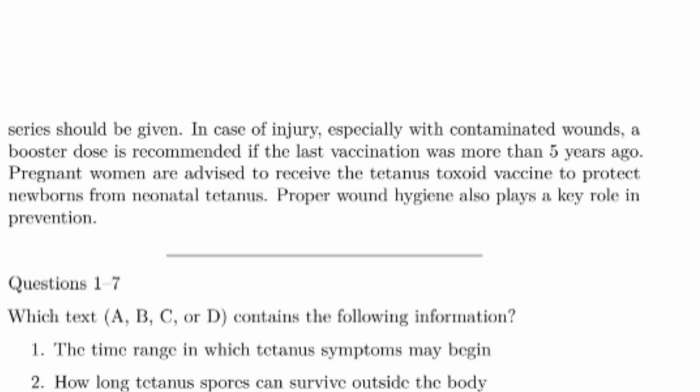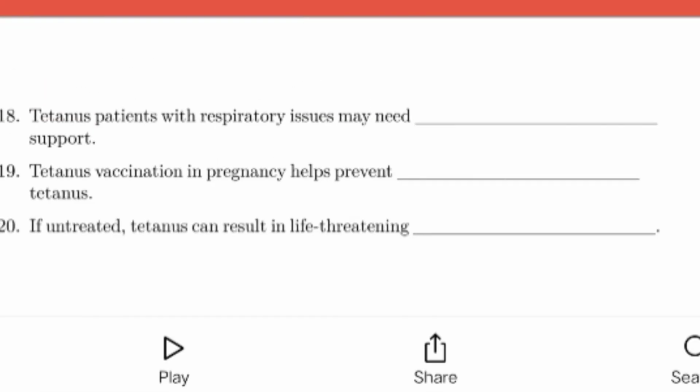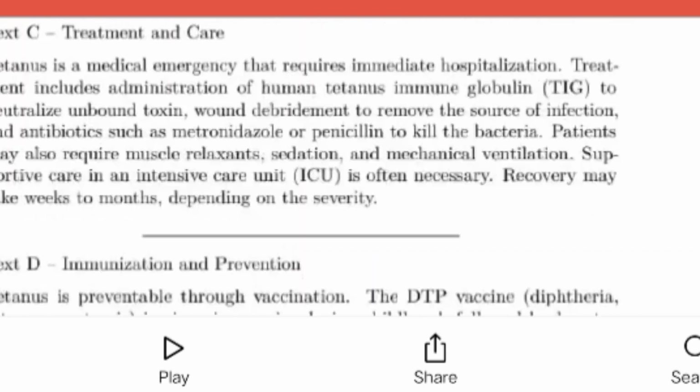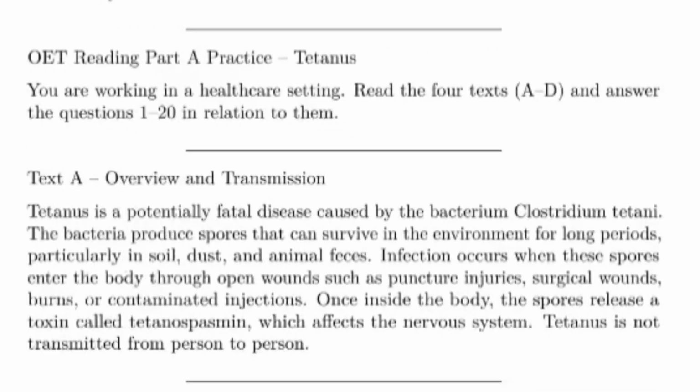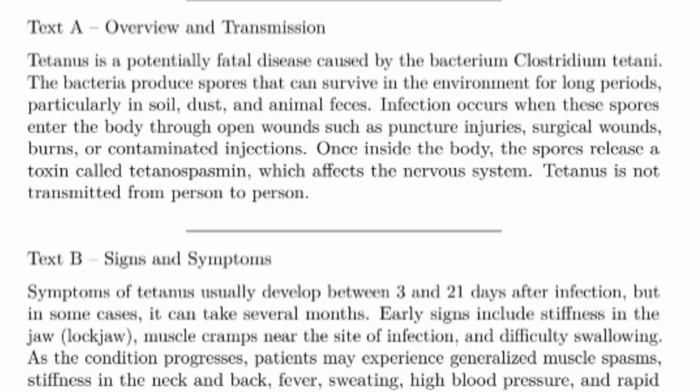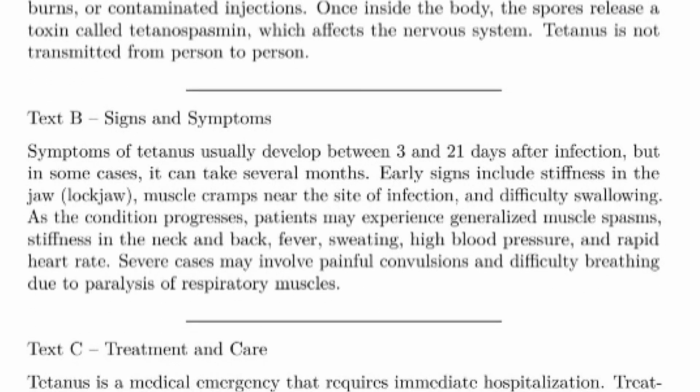And the last question is question number 20: if untreated, tetanus can result in life-threatening. Here it is mentioned that mainly tetanus will affect our respiratory system. So we have to find the answer.